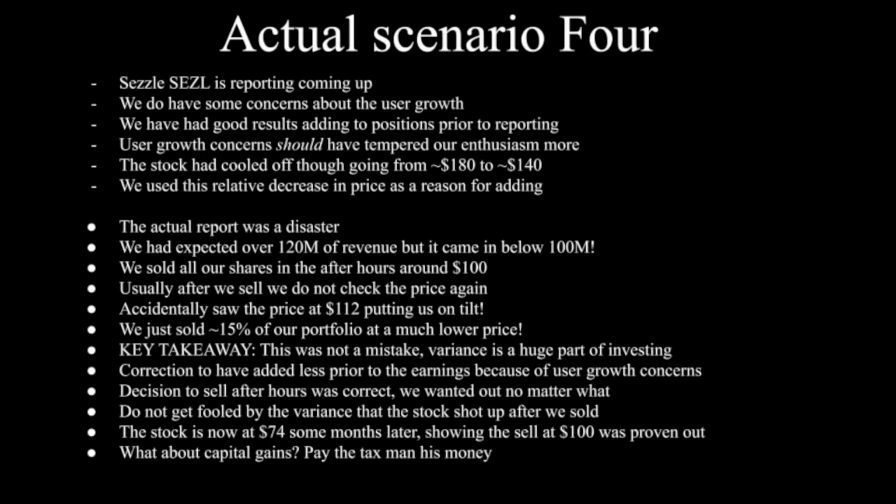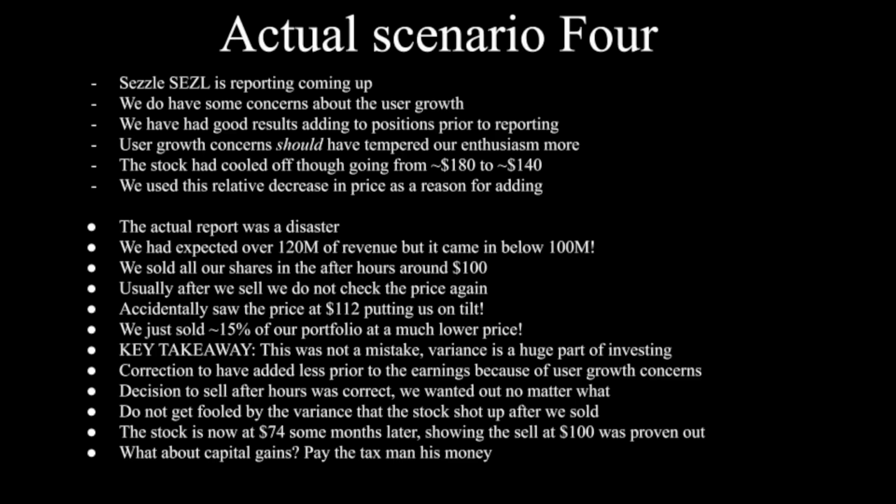So we sold about 15% of our portfolio at a much lower price than the market was offering just shortly later. A key takeaway here is that we don't count the stock rallying after we sold as a mistake. Variance is a huge part of investing. The better correction would have been to add less prior to the earnings because of our user growth concerns.